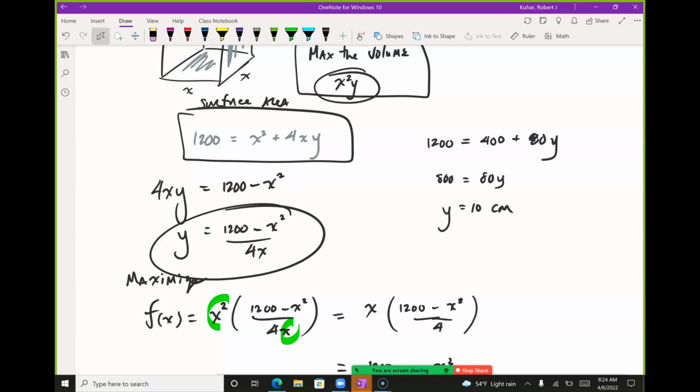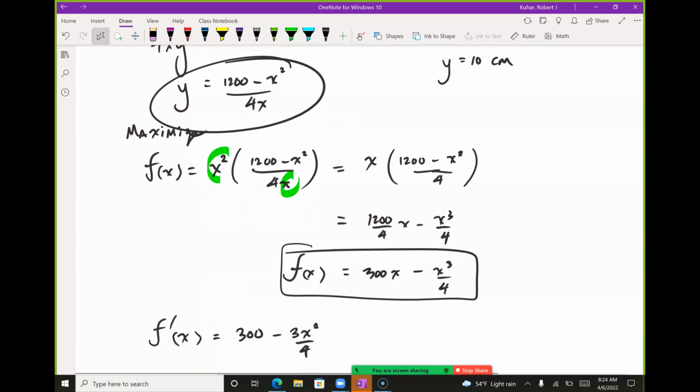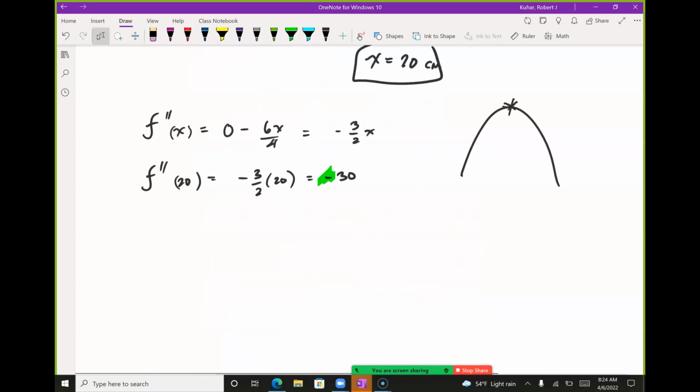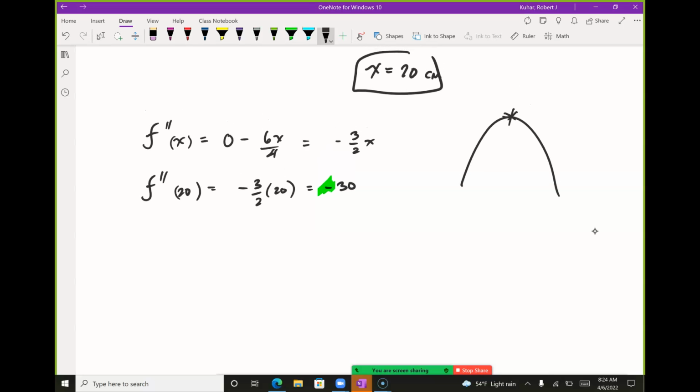Not a very big box. So we know x is 20 centimeters, y is 10 centimeters. We have 1200 centimeters squared of surface material.